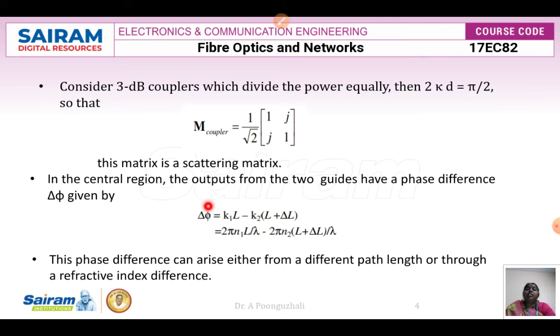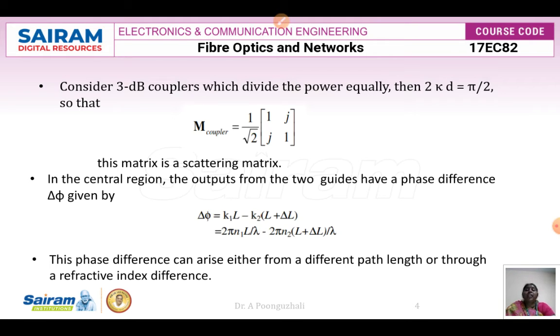In the central region, the outputs from the two guides have a phase difference del phi, where one wavelength is longer by a value of del L. So I can write the length of that path as L plus del L. The phase difference is K1 times L minus K2 times (L plus del L).